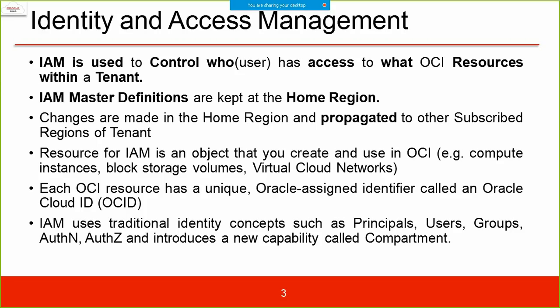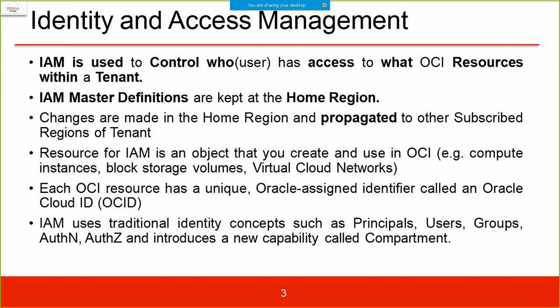Resources for IAM: a resource is an object that you create and use in Oracle Cloud Infrastructure. For example, compute is a resource. Instance is a resource. Block storage volume is a resource. VCN is a resource. So we will be creating resources and we will be giving rights on resources through the policies.